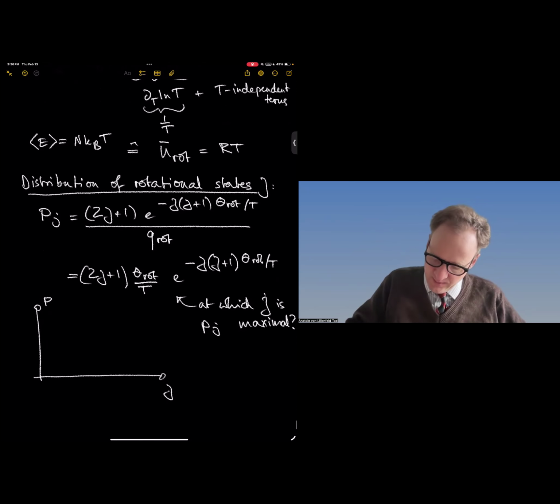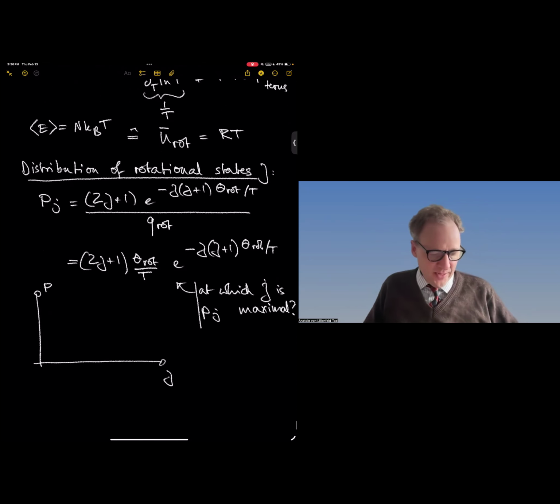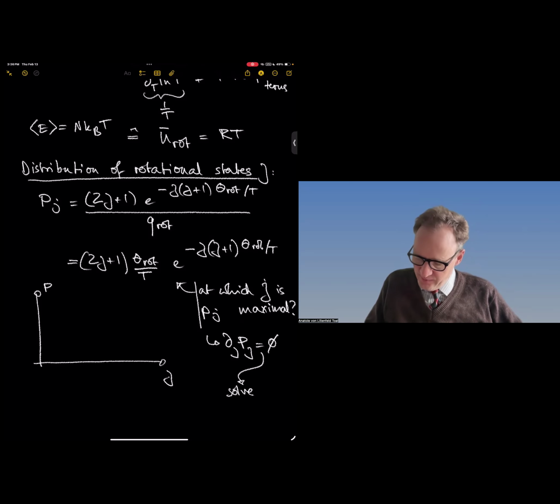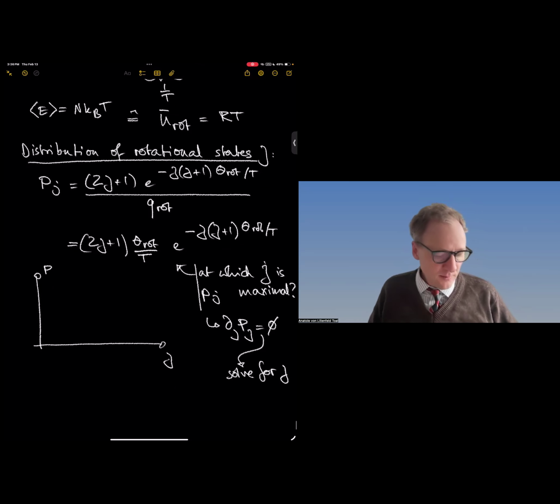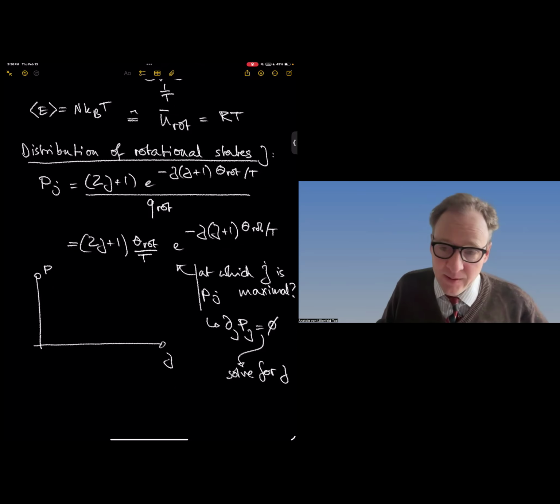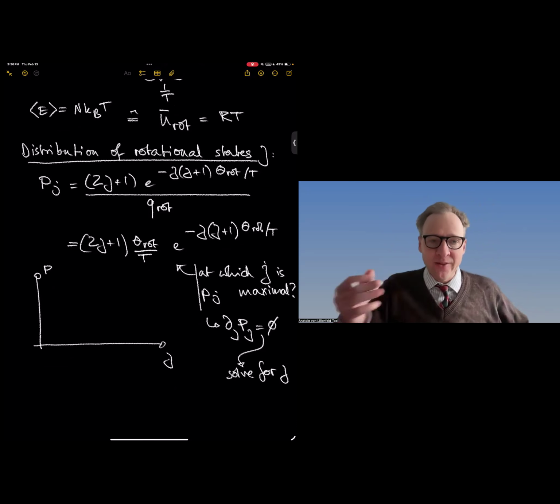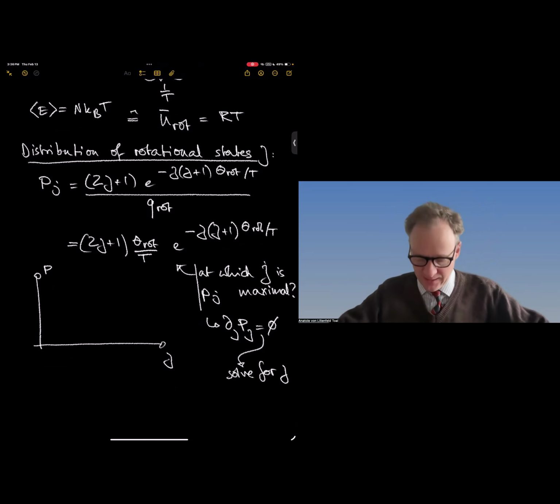Okay. And the answer would be that we have to set the derivative of P_J to 0 and then solve for J. We can do that pretending that J is a continuous function.